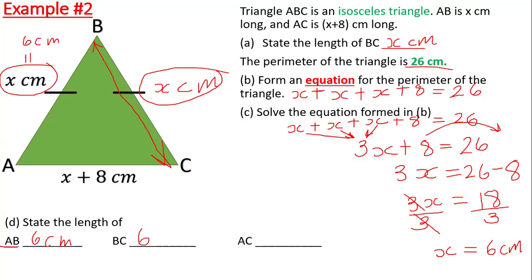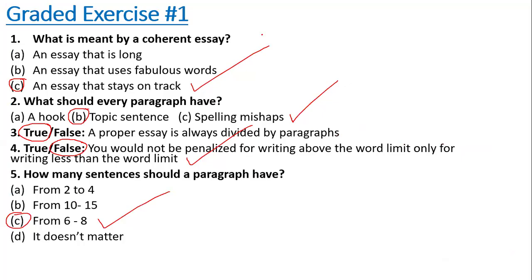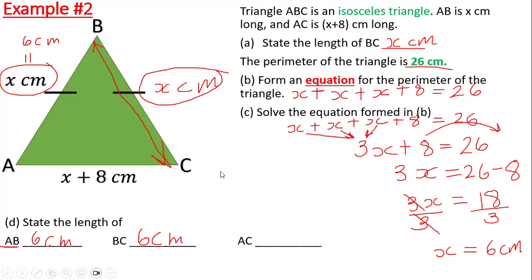Let's say isosceles. Oh, sorry, let's go back. So now X is 6, but this side is X plus 8. So that's 6 plus 8 centimeters.